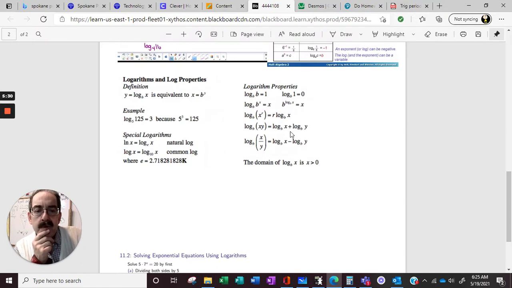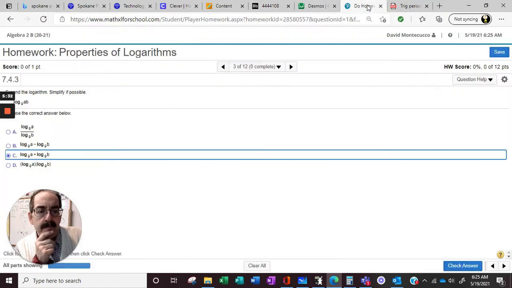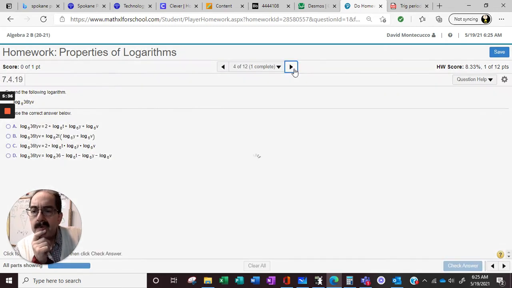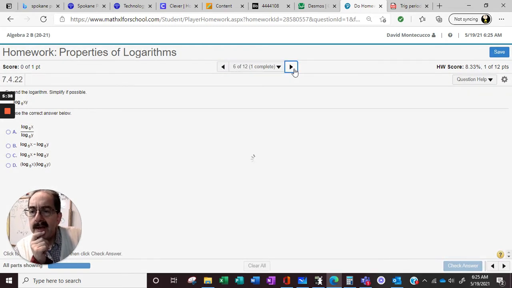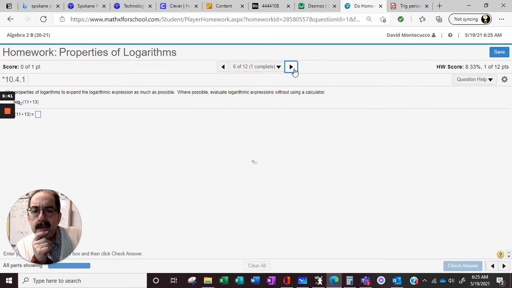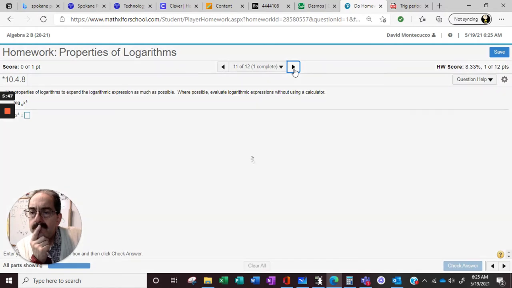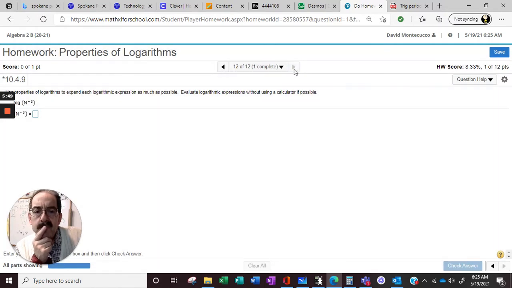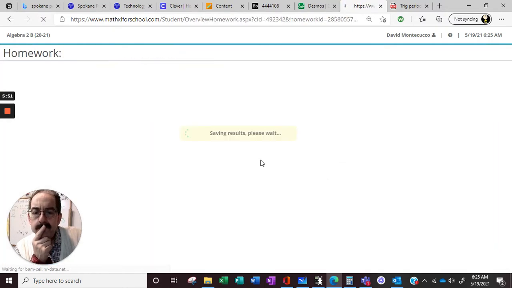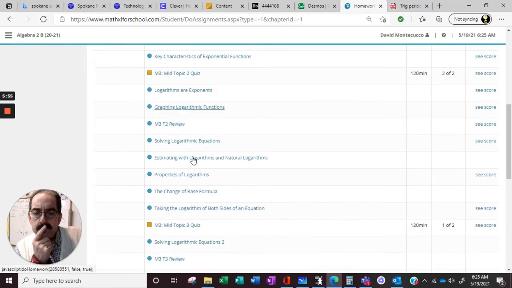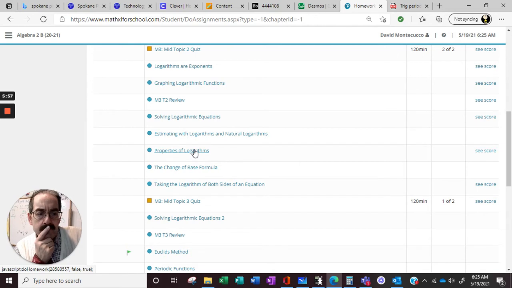So plus is multiply. We want to go to the one we had. Those are multiply, divide. What's our next one? Change of base, take a log of both sides.